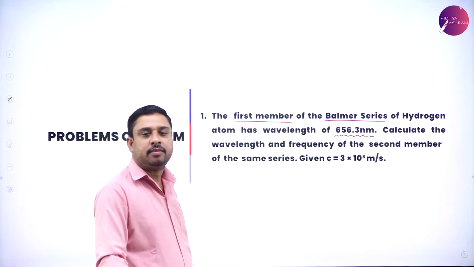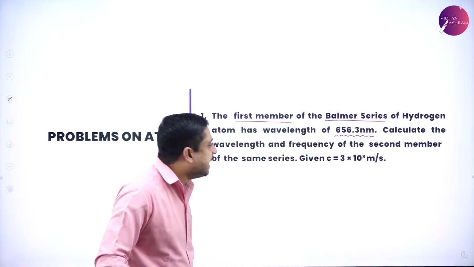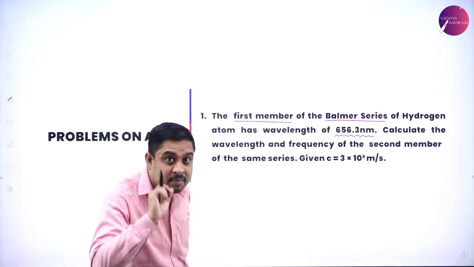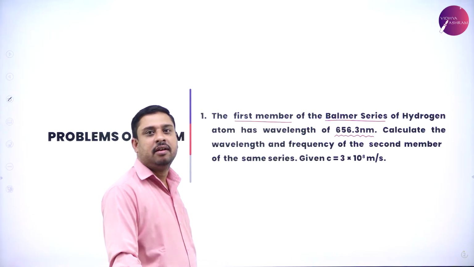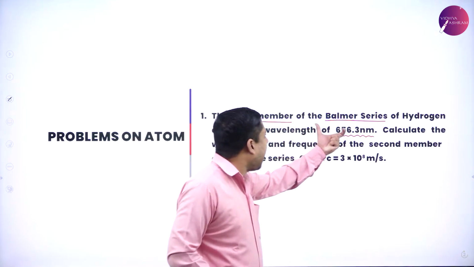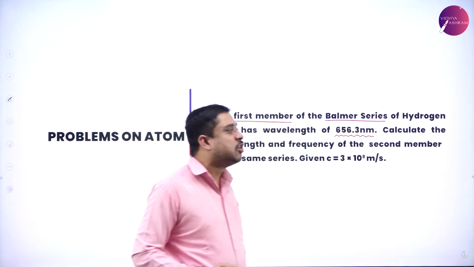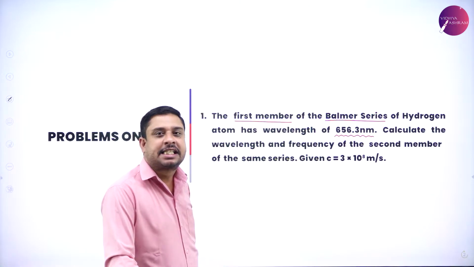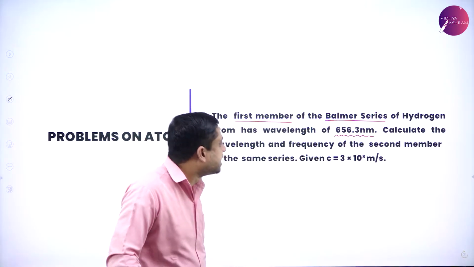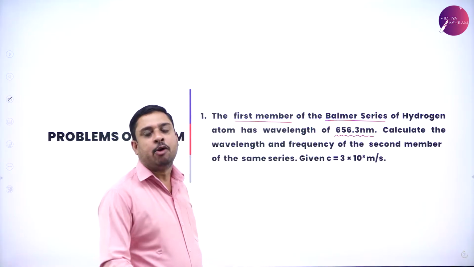First member of which series? Balmer series. It is having a wavelength of 656.3 nanometer.